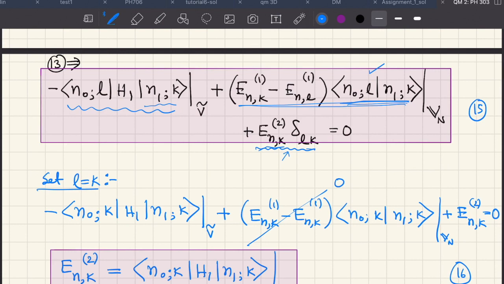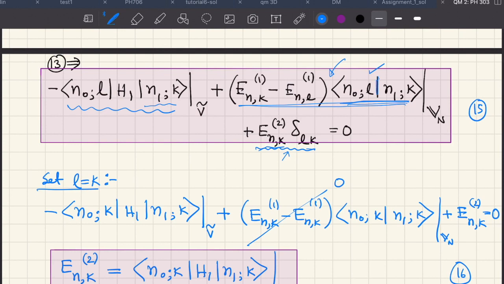So unless we have a second term here in equation 15, which came because we had suspected that there is a component along the v tilde direction, apart from the component in the vn direction also. This proves that the state must have a component along the degenerate subspace. That is why you had to have this second term here.